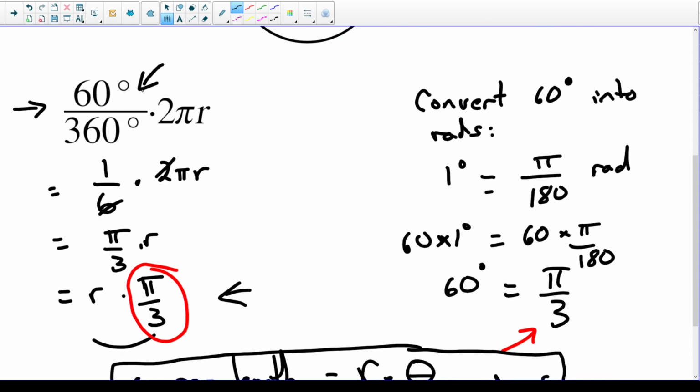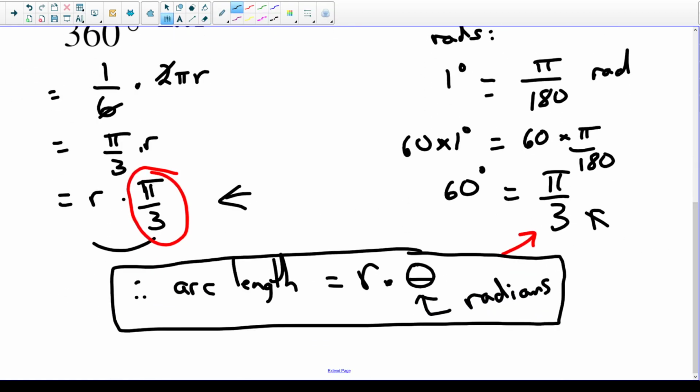They had to, because I can't end up with degree centimeters. Radius would be measured in meters or centimeters, right? I can't end up with that kind of a mixture of units. But if I start with radians to begin with, I don't have to worry about that, because the radians are unitless. You can multiply centimeters times radians because it gives you centimeters as an answer.